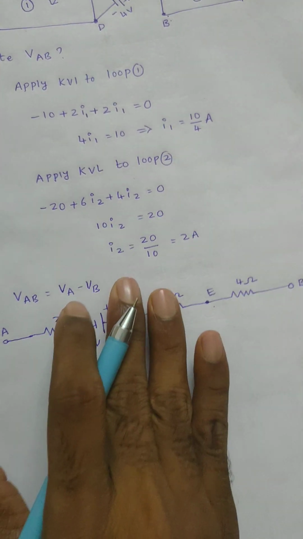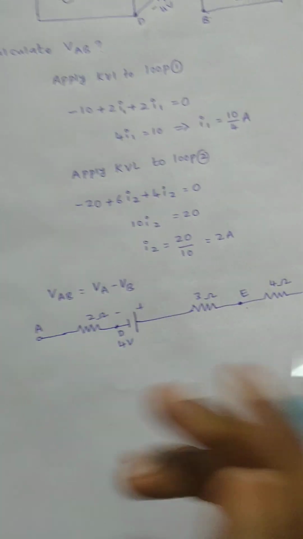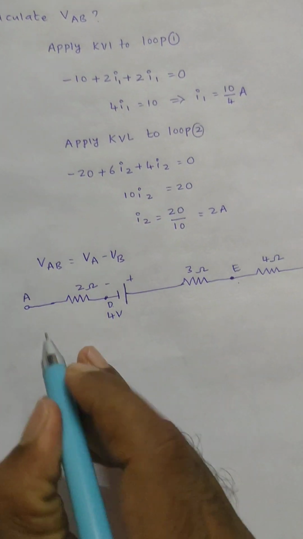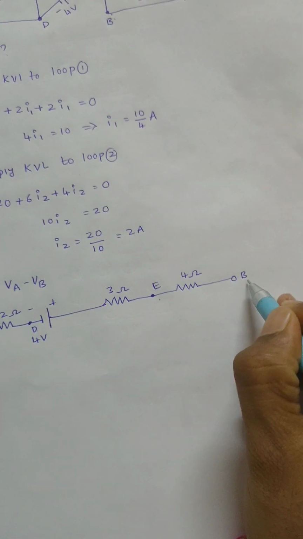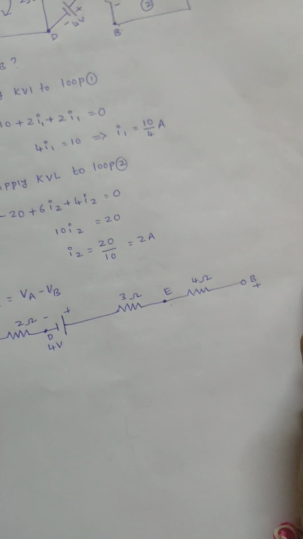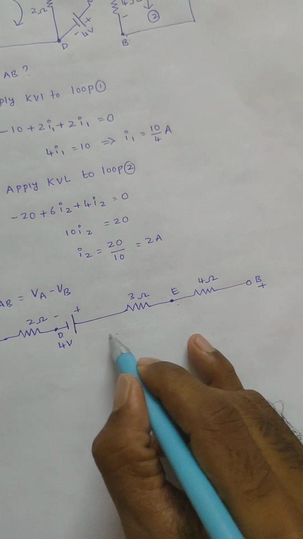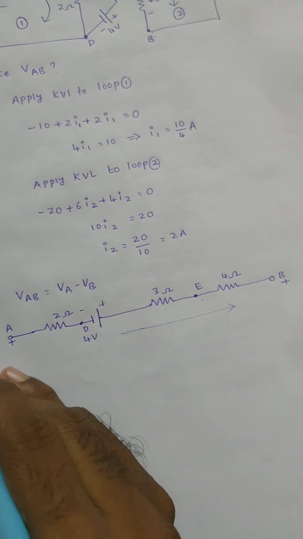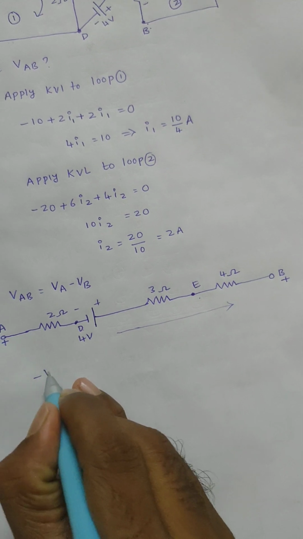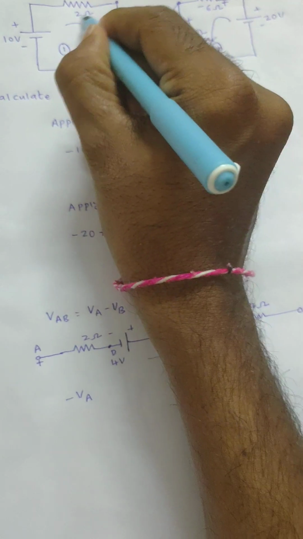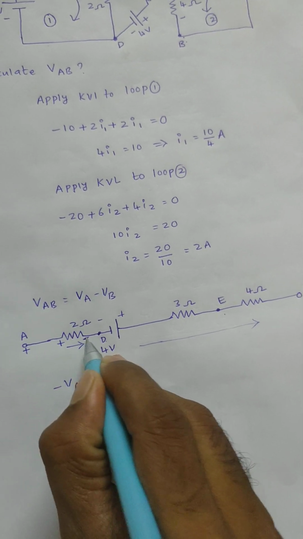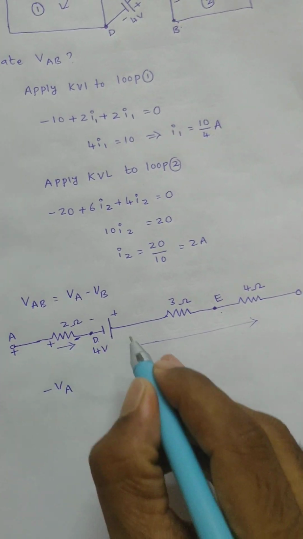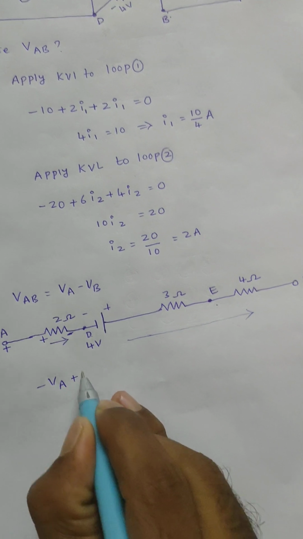Now I am applying KVL. In an electrical circuit everything will be an assumption. Here VA present means plus is present, somewhere negative is there. Similarly here VB also, plus is here, somewhere negative is present. Now assume this is the direction of current. For minus plus, minus VA. This is the direction of current, based upon this current plus minus, plus VAD.